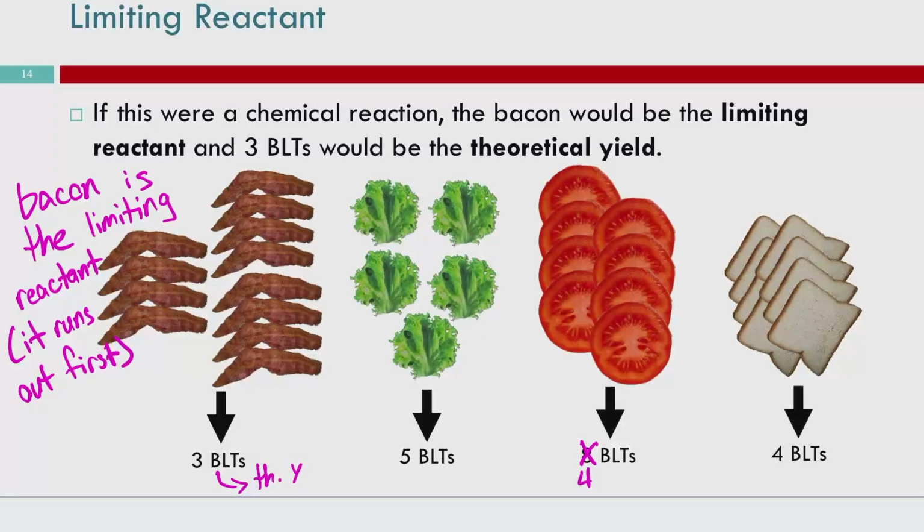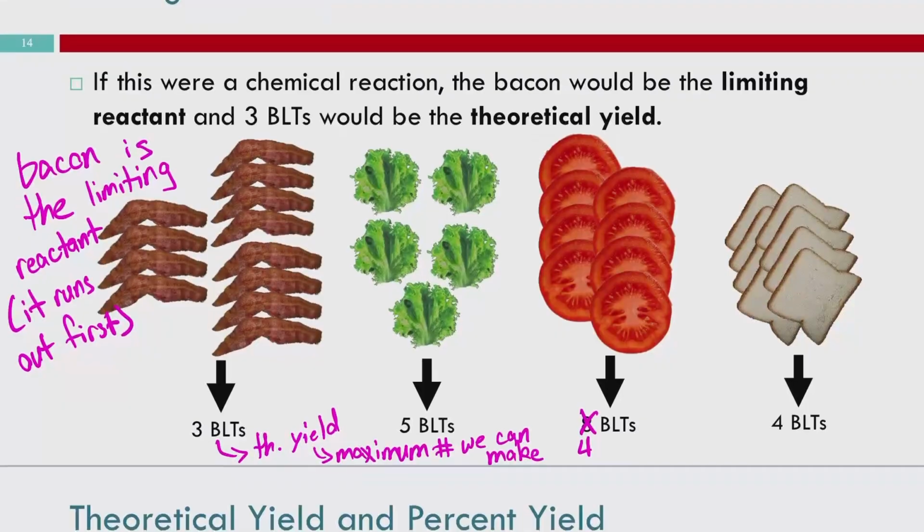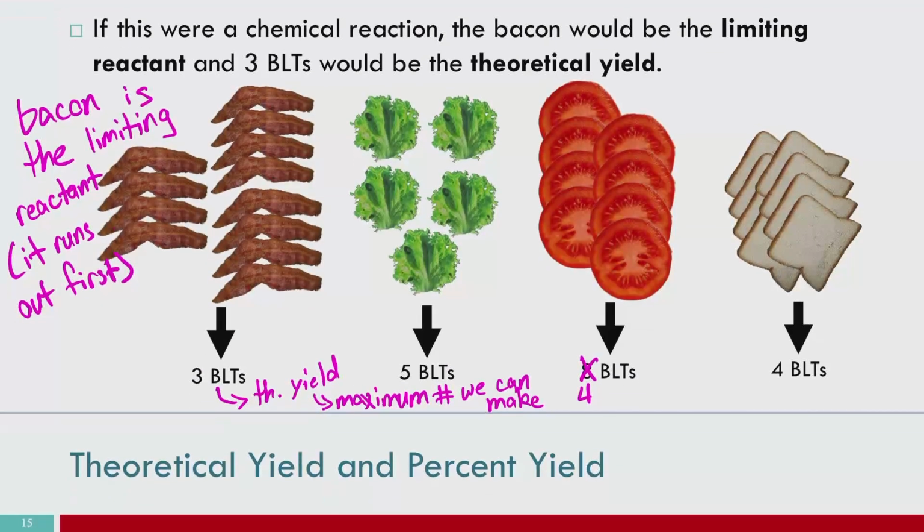So our theoretical yield is the maximum number we can make, which is really the smallest number that we get out as one of our answers. It's how much we can make with our limiting reactant.